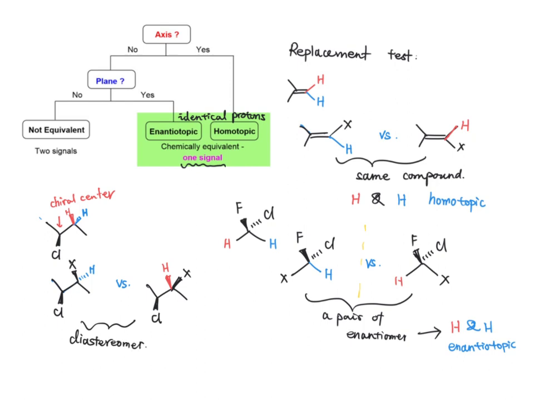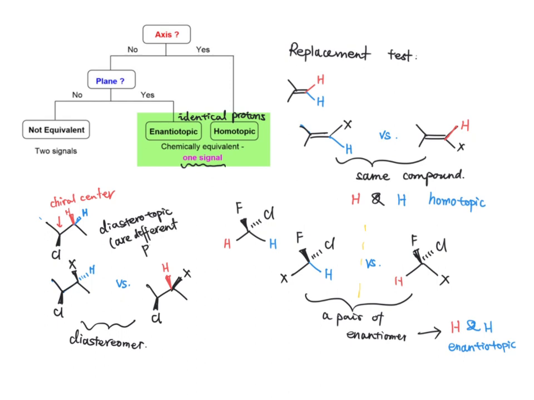So when we get a diastereomer, that means these two hydrogens, the red hydrogen and blue hydrogen, are not in an equivalent environment. That means they are different protons, and specifically they are called diastereotopic protons. Diastereotopic protons are basically different protons.